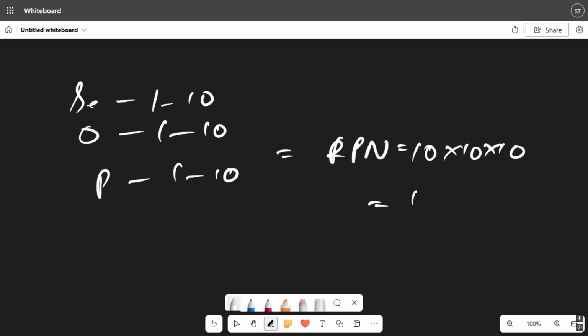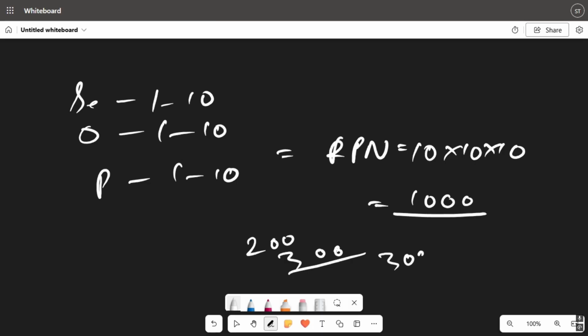This is the max value for an RPN. As per industry norms, most of them will be below 200. In some cases they accept even below 300. But any failure going higher, greater than 300, has to be reevaluated and redesigned. These are the unacceptable parameters. The smaller the RPN number, the better. If it is less than 100, it is a very feasible design.